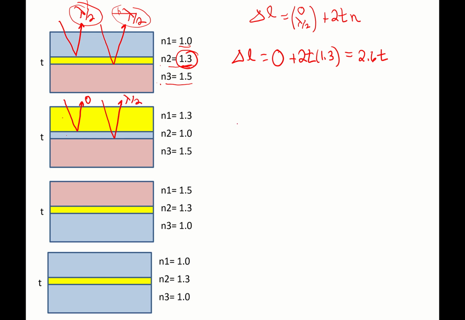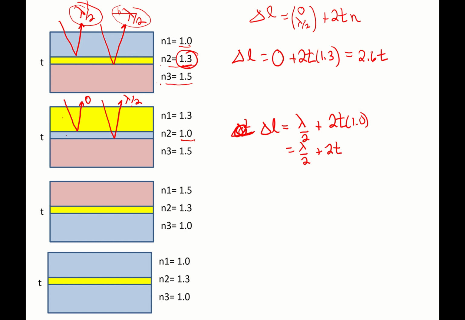So one shifted by 0, the other by half a wavelength, so the net is half a wavelength. It's going to be lambda over 2 plus 2t times the index of refraction of the film, 1.0. So my path length difference is lambda over 2 plus 2t.